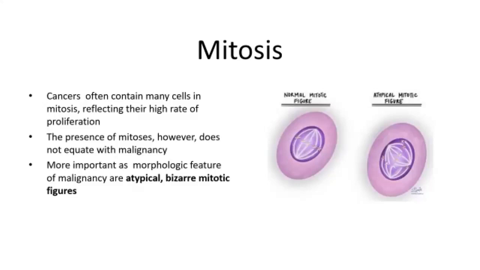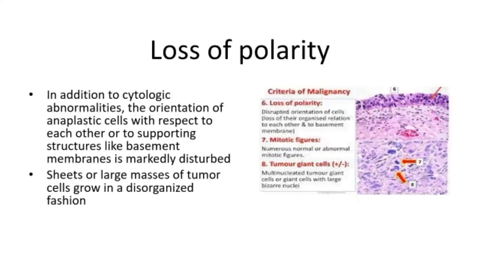Because of these aberrations, the spindle may not bind to the chromosomes the way it binds to normal chromosomes, and this leads to formation of a different kind of spindle called an atypical mitotic spindle. So an atypical mitotic spindle is a feature that indicates that what you're seeing is a malignant cell. The other part is loss of polarity.